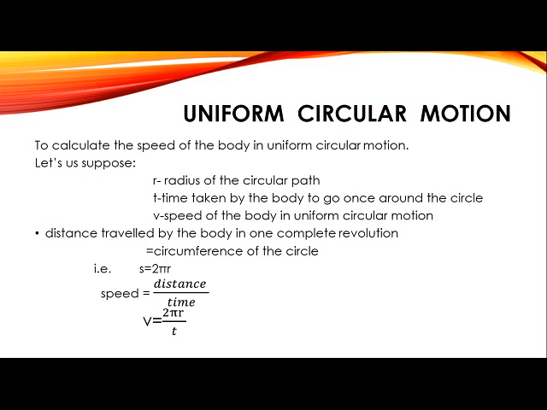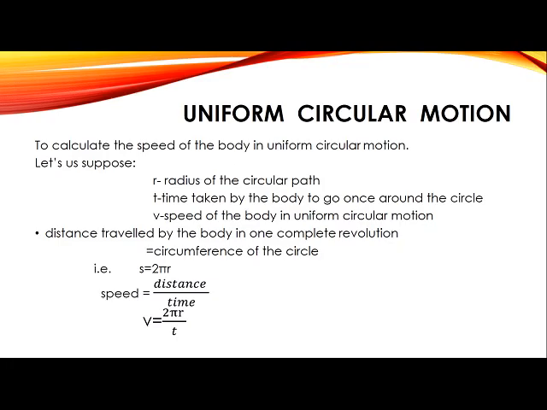So children, the distance travelled by the body to complete one revolution will be equal to the circumference of the circle. Again, circumference of the circle is a concept that you have studied in your maths, geometry. So, distance is represented by S. So, S is equal to 2 pi r. I think children you remember this formula, 2 pi r.